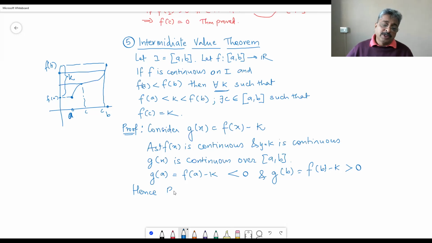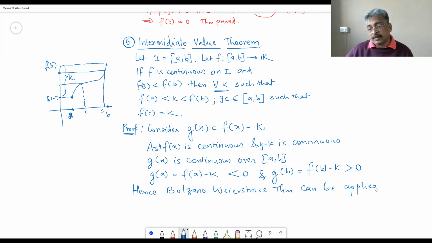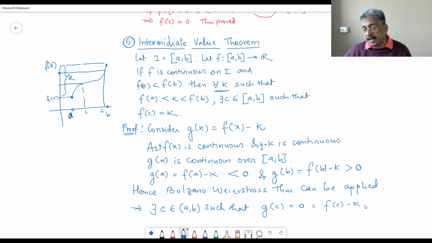Hence the Bolzano-Weierstrass theorem can be applied, which implies there exists c belonging to the open interval (a, b) such that g(c) is equal to 0, which implies f(c) minus k is equal to 0, which implies f(c) is equal to k. Theorem proved.